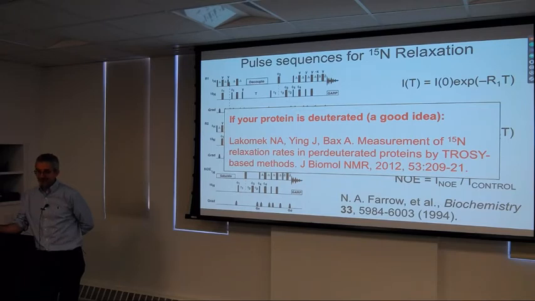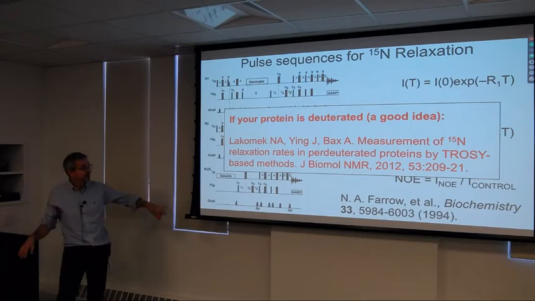So these are fairly small effects for the nitrogen because the one bond length is pretty short, 1.02, 1.04 angstrom, and the other hydrogens tend to be fairly far away. It's more of a problem for carbon relaxation where the bond lengths are longer, so the remote hydrogens contribute more.